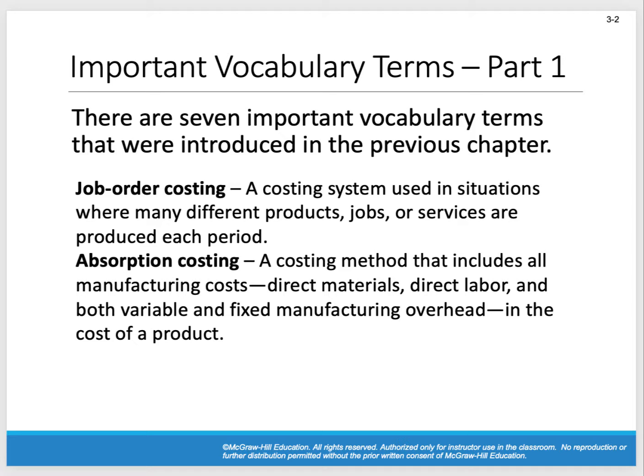We saw examples of that in chapter 2. So as long as we have that in our mind, recognizing that, okay, we know what manufacturing overhead is, it's all the indirect costs, but they all behave differently. Some behave variably, some behave fixed, some may be even mixed, okay?